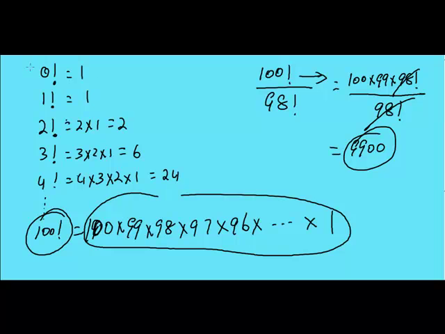Let's do one more example with factorials. Let's say you have 20 factorial, all that over 18 factorial times 3 factorial. If I want to simplify this, on the top I'm going to go 20 times 19 times 18 factorial.